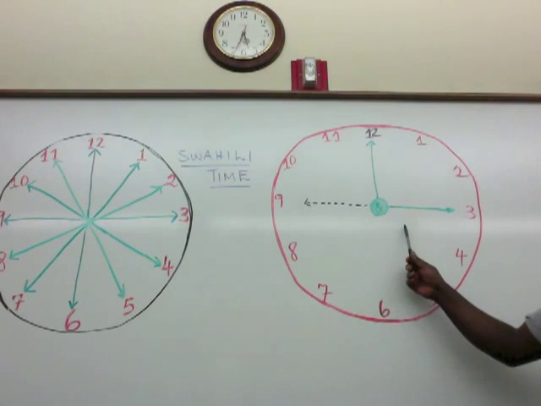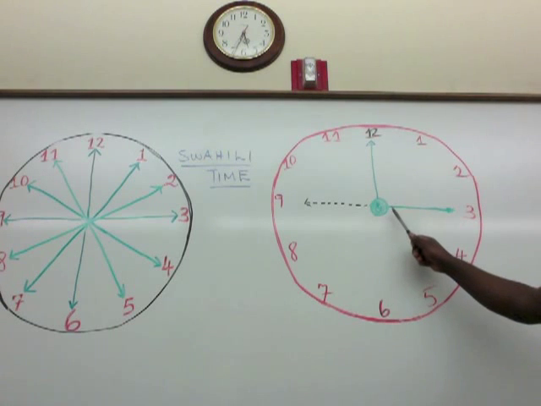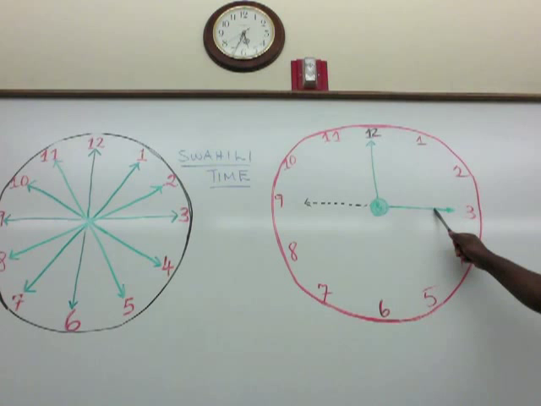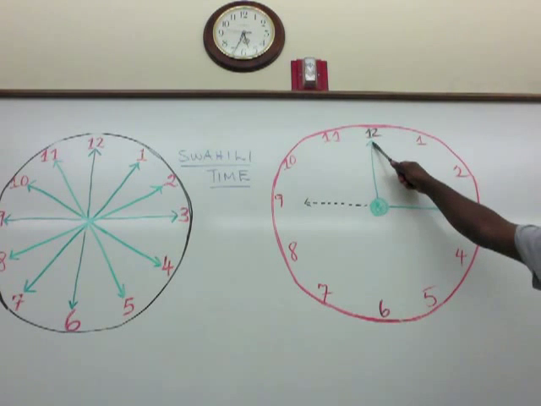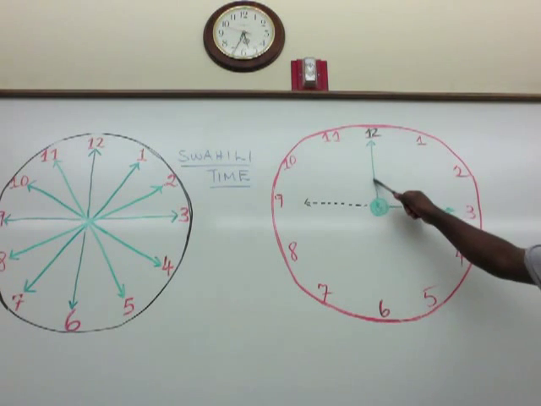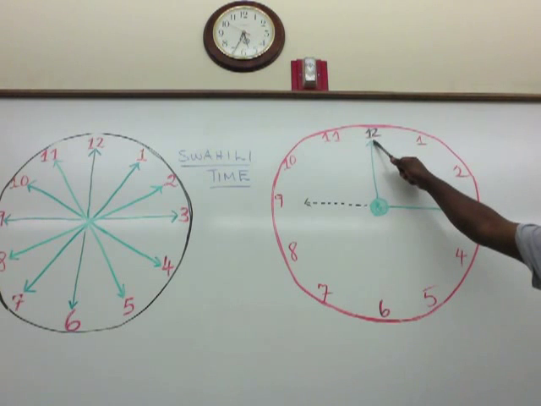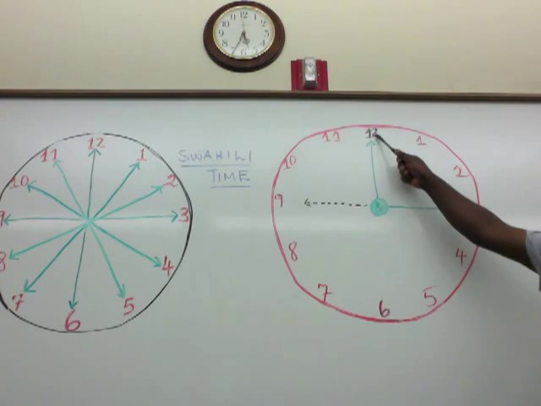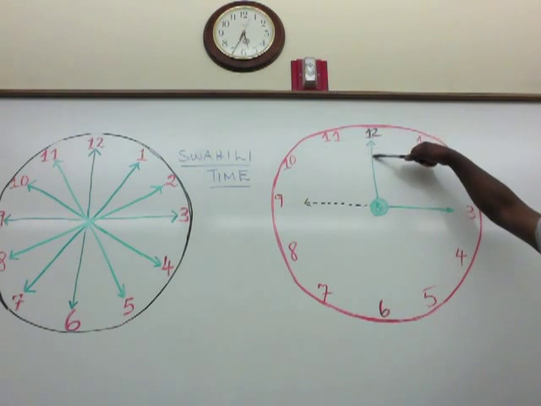Look at this diagram now. You will see that there are 2 arrows, one here and this one here. The first arrow here is showing us hours. This one here, the small one, is showing us minutes. So this is showing complete hours. So it's right at 3. So this is 3 p.m. And we should have a complete hour by the demonstration of this arrow here.